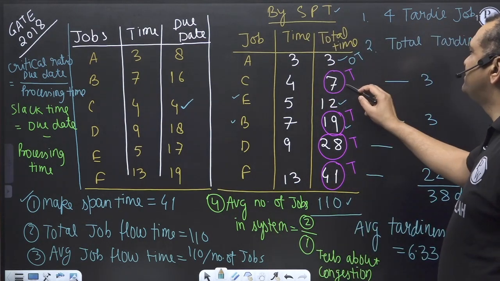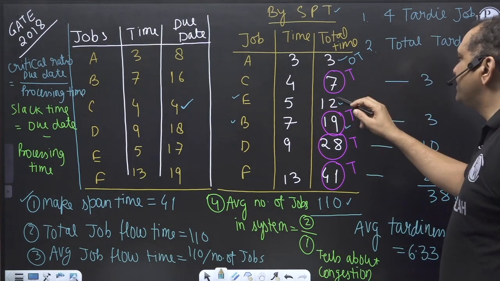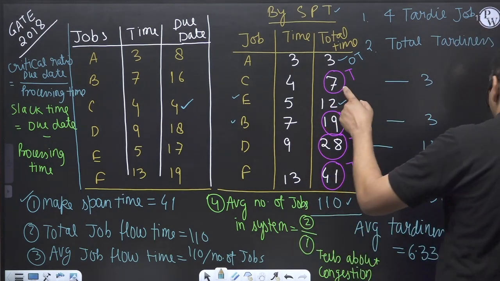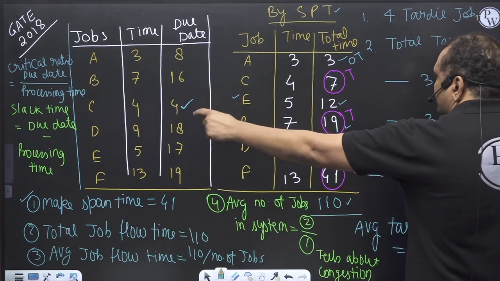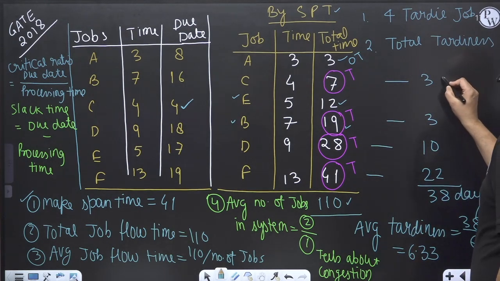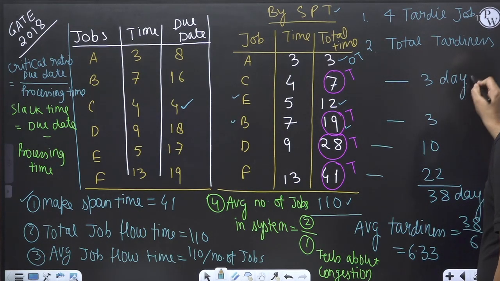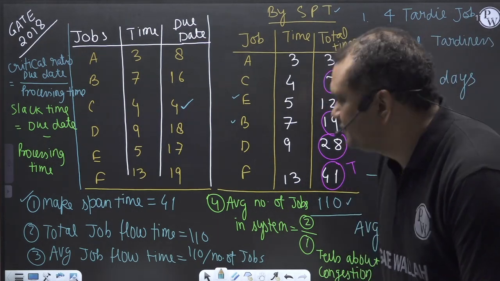So job C will be tardy. Tardy means late. How many days late? We are dispatching after 7 days, but it was supposed to be dispatched after 4 days. So tardiness is 3 days.